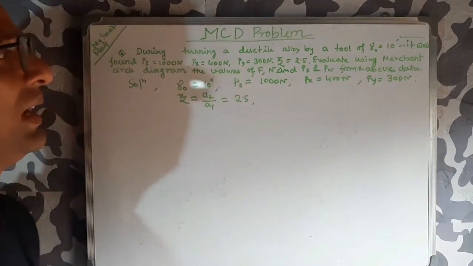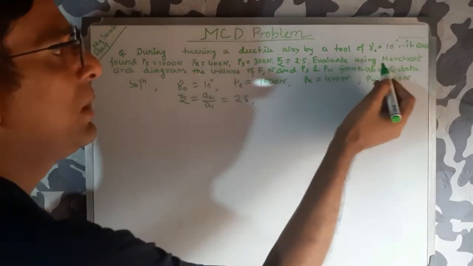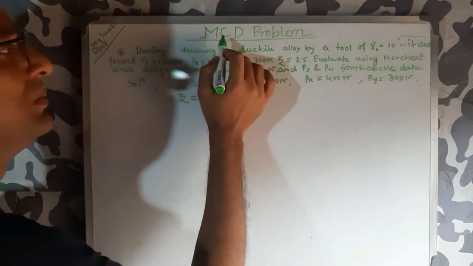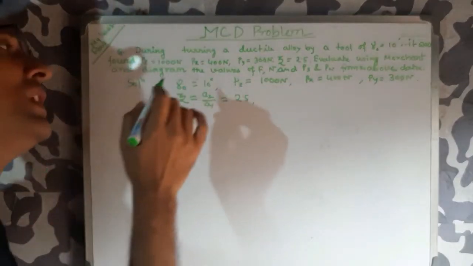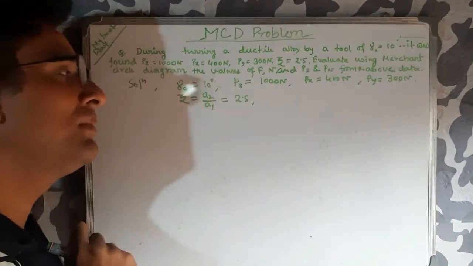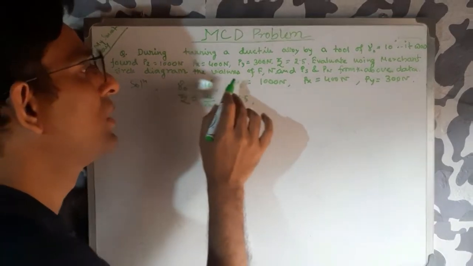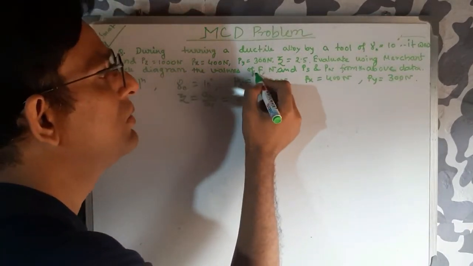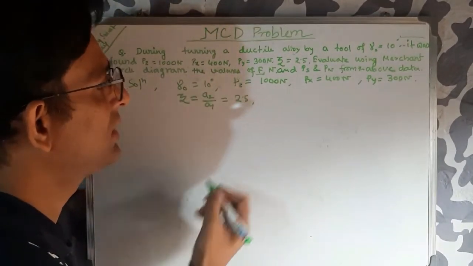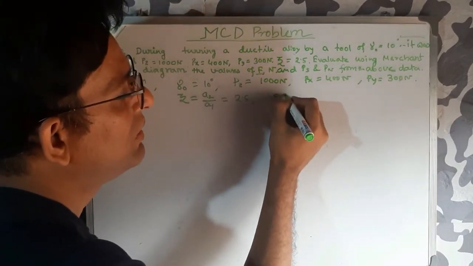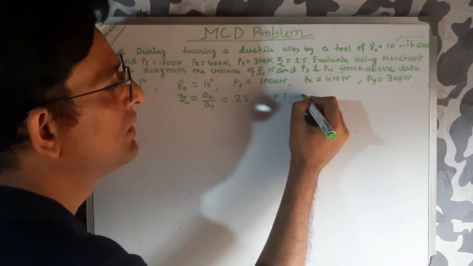Now the question is to evaluate using the MCD diagram. If you take the help of the MCD diagram, you have to find the value of F, the frictional force, and N, the normal force.